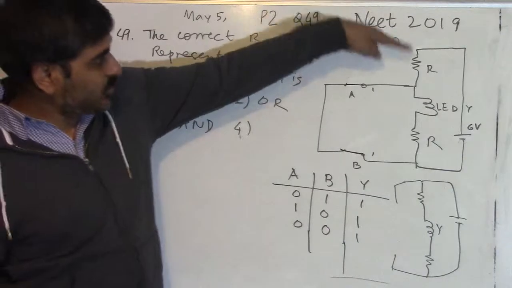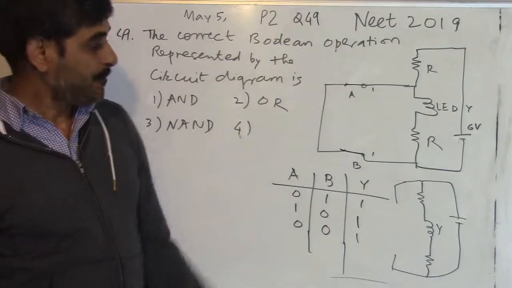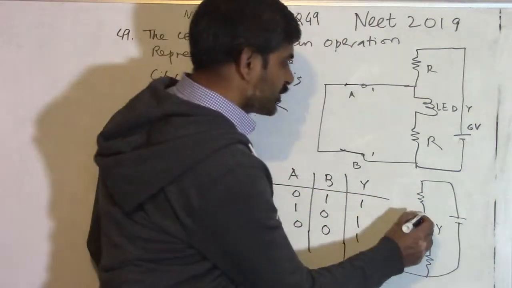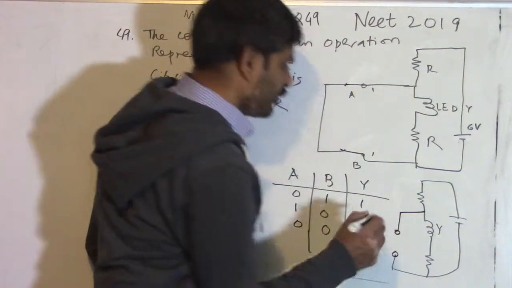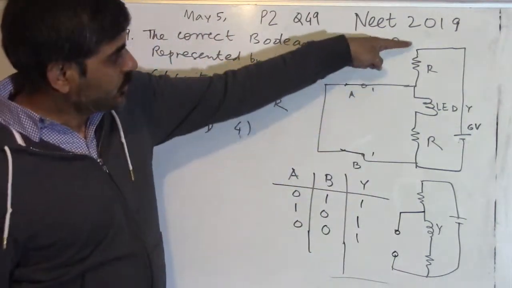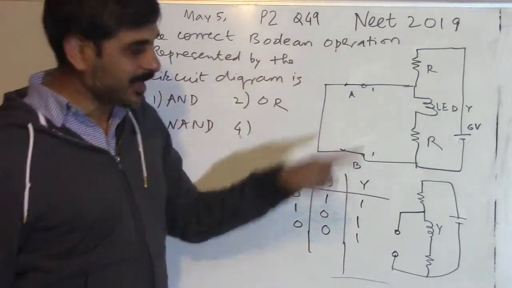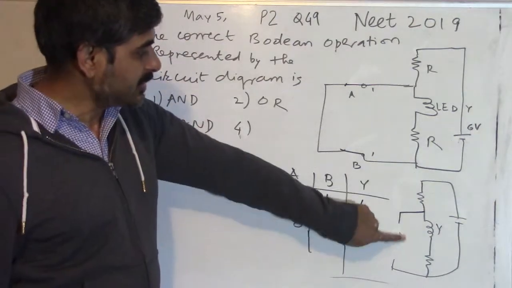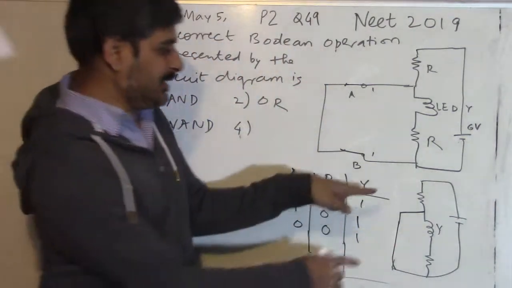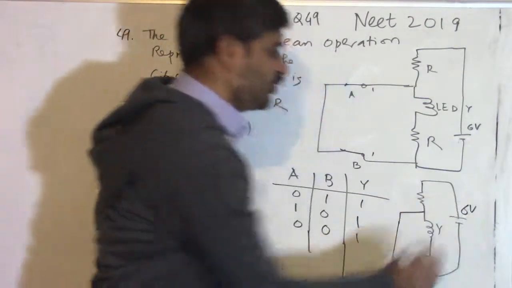When I close the switch like this, the circuit is like this. When I close switch A as well as the other switch, you can see that the circuit is like this. And what will happen in this circuit? We have a 6 volt battery.